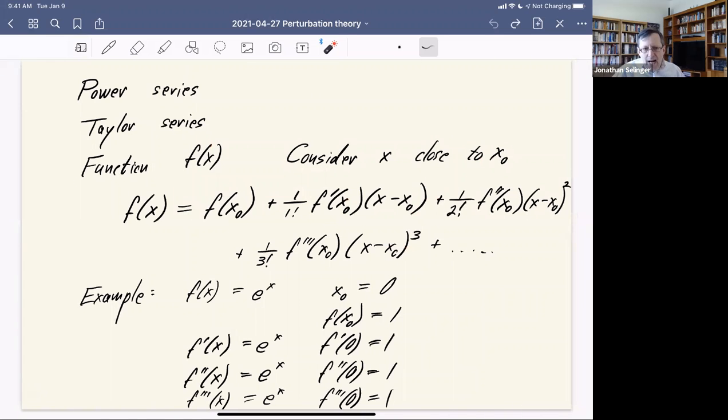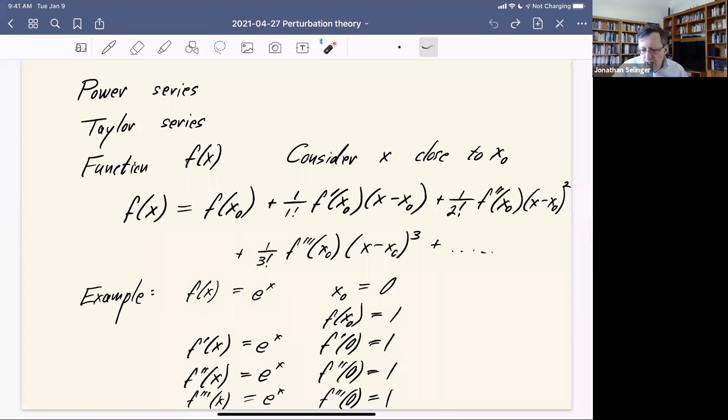For the math problem, there's this well-established procedure that you've seen in math classes of making a Taylor series, so that if you know a function at a particular place x0, and you want to know what the function is at a nearby place x, you can make a series like this: f of x is a 0th order term plus a 1st order term, a 2nd order term, a 3rd order term, etc. Assuming that x is really close to x0, all of these terms are getting smaller and smaller.